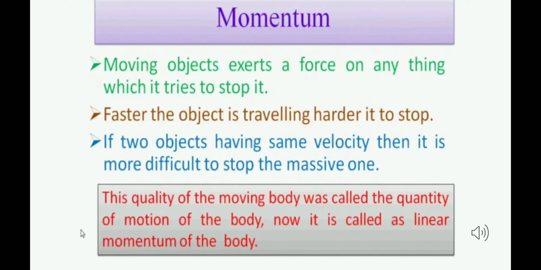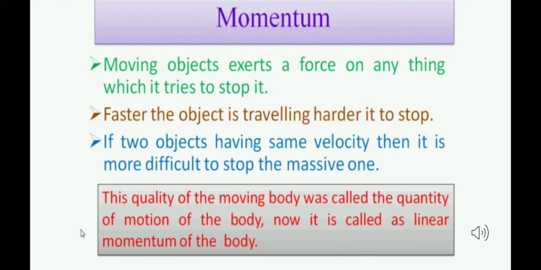Now students, from these two things, we come to a conclusion, and that conclusion is in the words of momentum. Now what is momentum? We are going to study. Momentum is the product of mass and velocity.